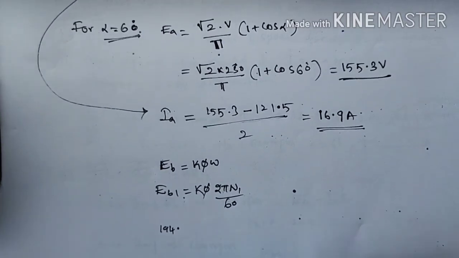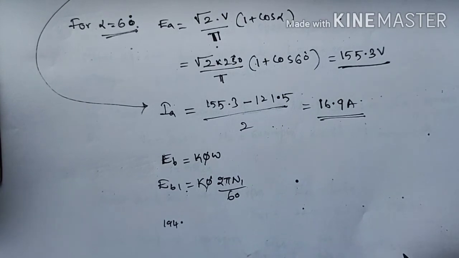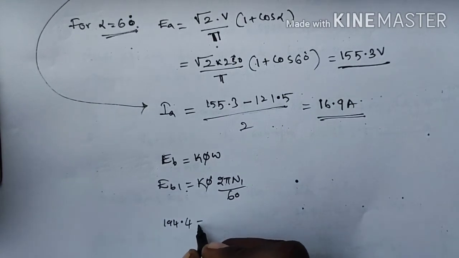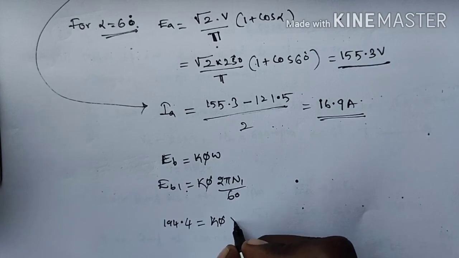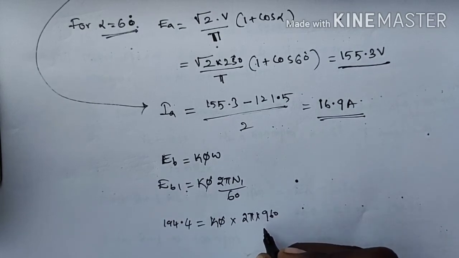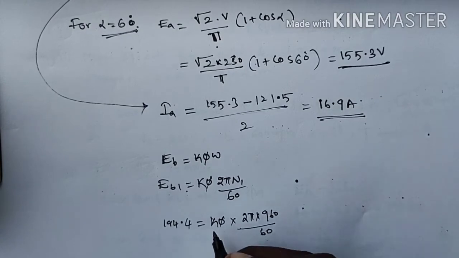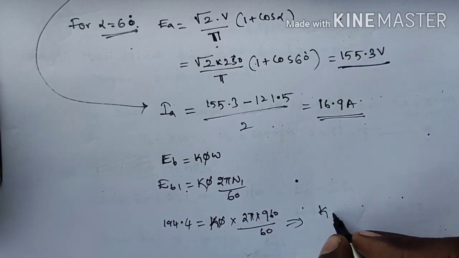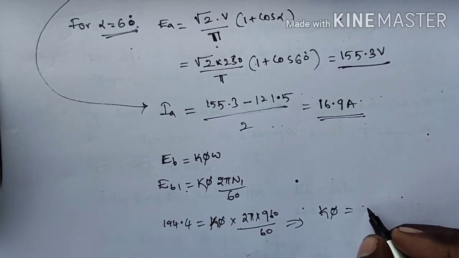How much did you get? The EB1 value is 194.4, equal to K phi into 2 pi into 960 by 60. What is the unknown value here? The unknown value is K phi. Now you write the K phi value.